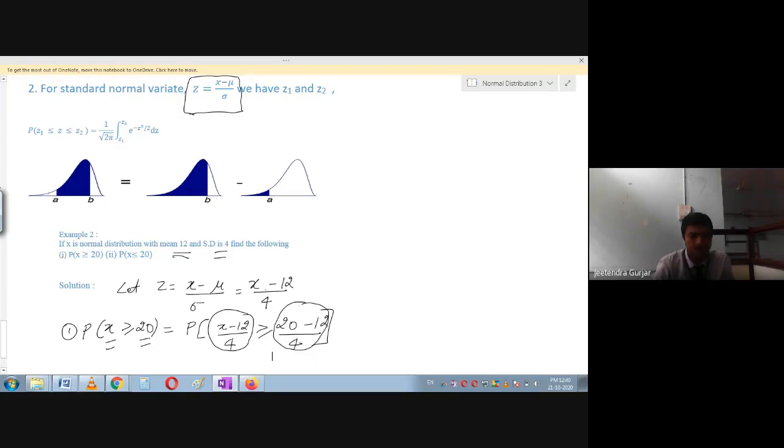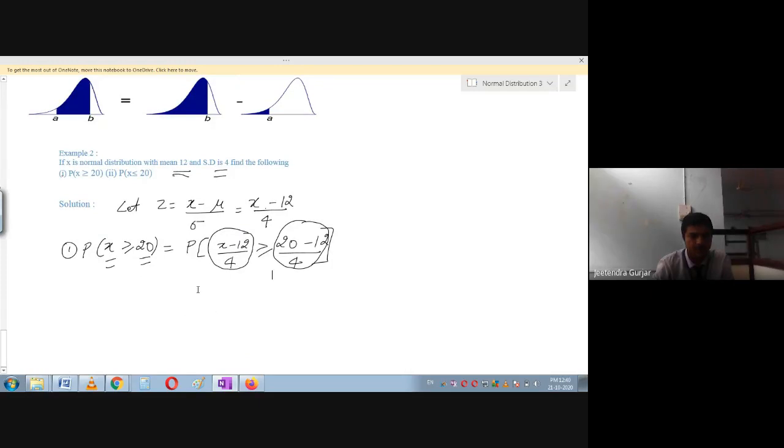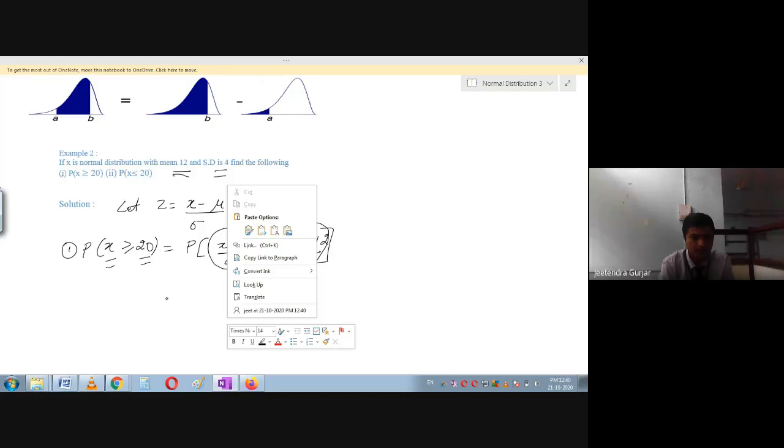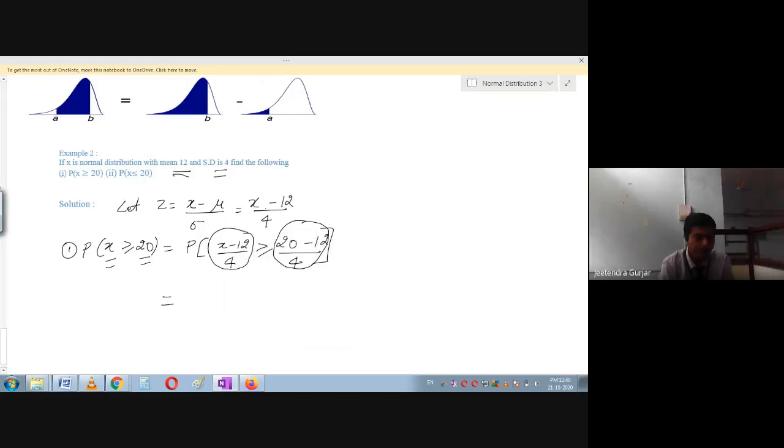So this is clear now. So what does this mean, students? If you go to calculate this, this is equal to the probability. If you just simplify this, you can see LHS and RHS 4 will get cancelled. Then I will simplify this side. So this is x minus 12 is less than or equal to 20 minus 12.